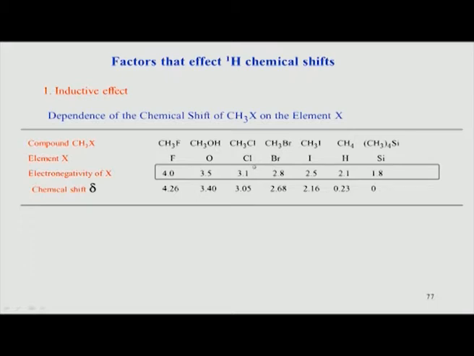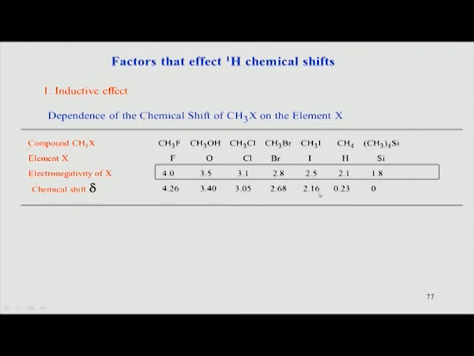Similarly, if you go to heavier halogens, we know that the electronegativity decreases. For example, a CH3I system also comes downfield shifted, at 2.16, compared to methane, but it is upfield shifted compared to methyl chloride.